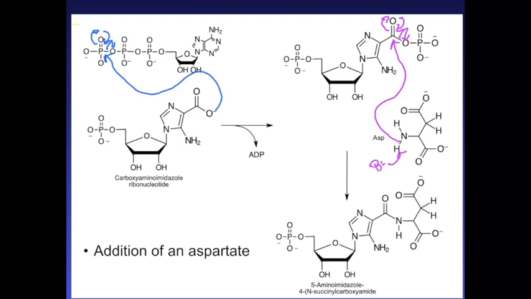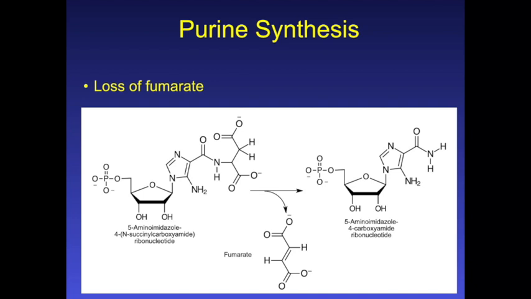Now that looks like a really big molecule on there that's stuck onto our growing ring structure. Okay. All righty. What in the world is going to happen here? Fumarate falls off. All right. And we're left with 1 nitrogen on the growing ring structure.